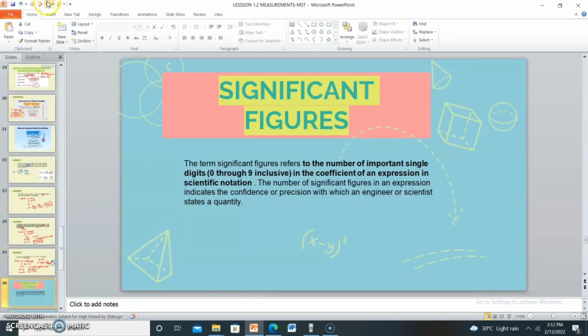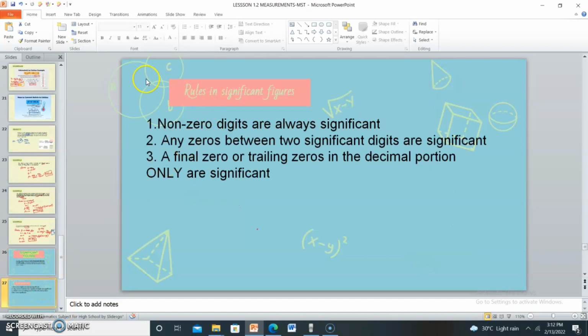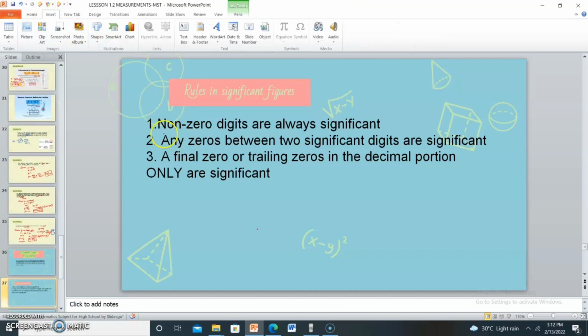Next is the significant figures. Significant figures refer to the number of important single digits, 0 through 9 inclusive, in the coefficient of an expression in scientific notation. In significant figures, first, non-zero digits are always significant.